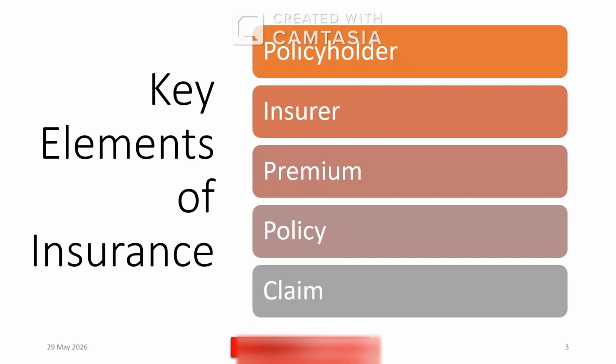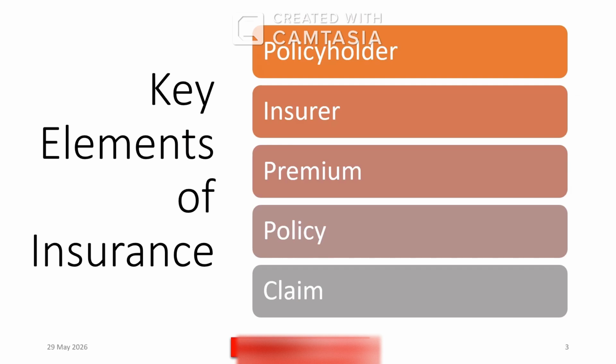In that way, insurance works. Let us see what the key elements of insurance are. In insurance, we have 5 key elements. First one is the policyholder. For insurance, someone has to take out insurance for his property, so that person is called the policyholder. Then we have the insurer, who insures that he will take responsibility if there is any accident or damage done to that property. Then the premium.